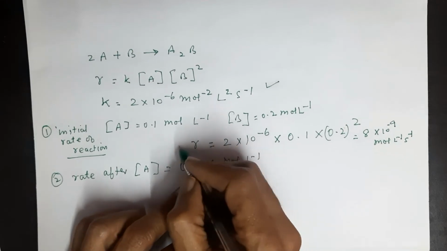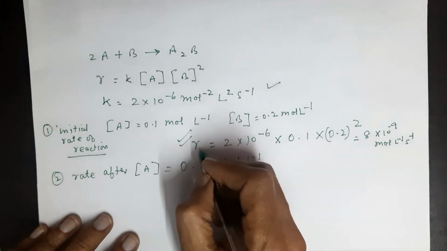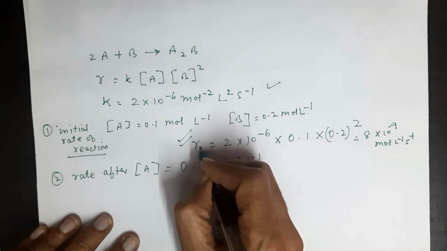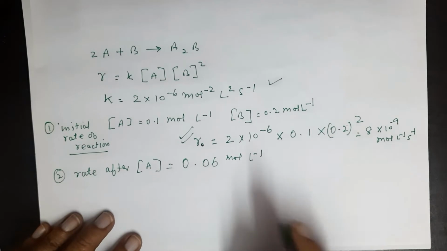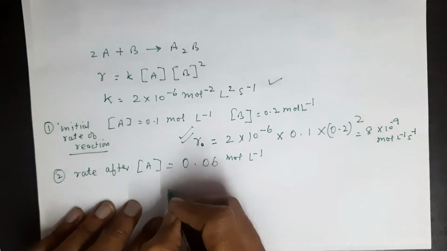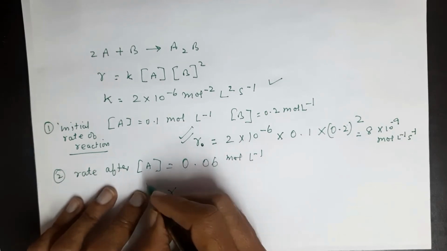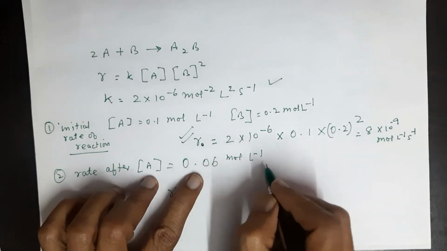This is the initial rate of reaction, and let us represent it by R0.